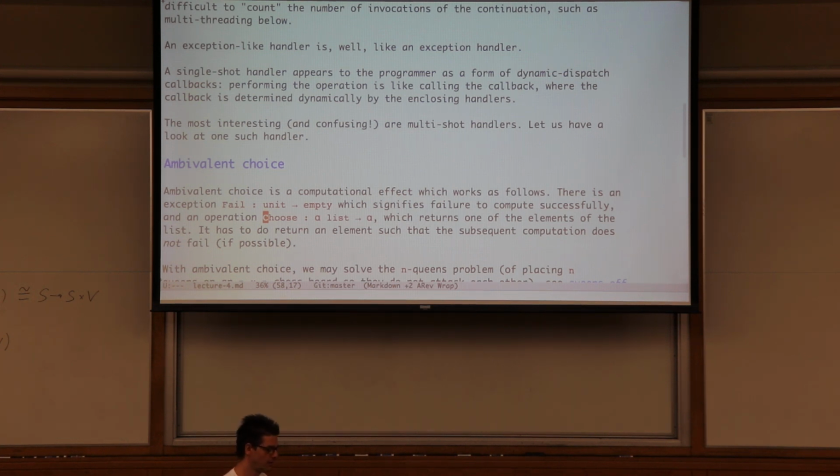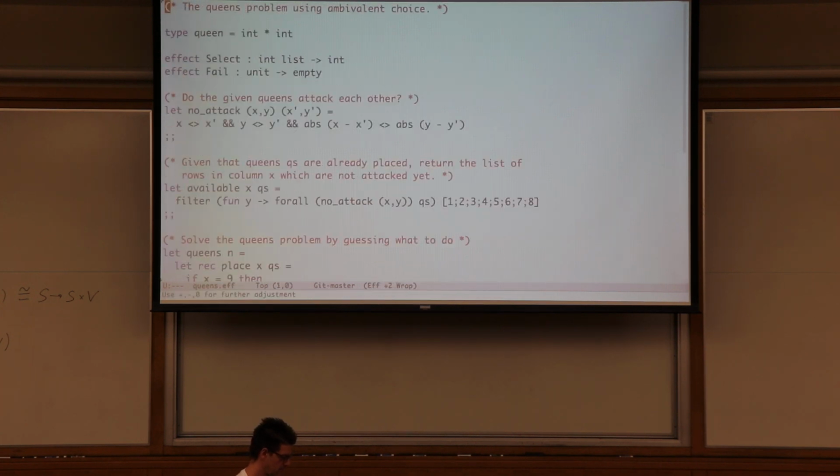So rather than worrying whether this is possible, let us first write a program that works like this. Maybe the queens problem. So we're going to have a select, and I'm just going to choose integers.